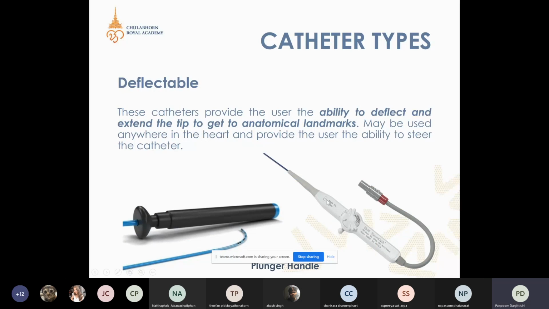You can see the label on the handle here, which means this catheter can deflect from one direction into another direction.